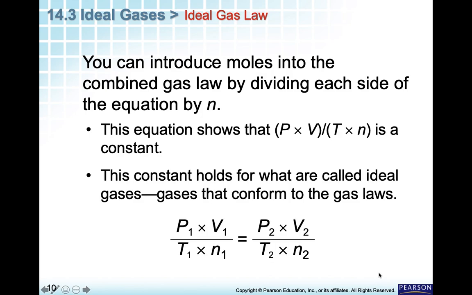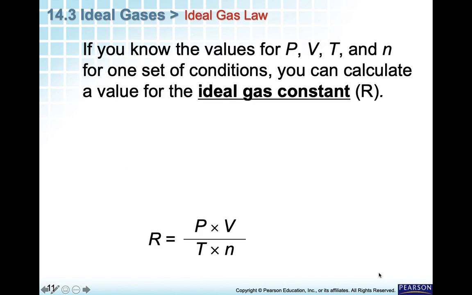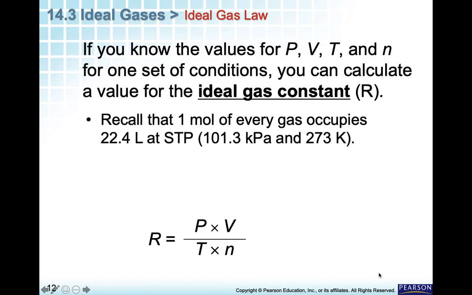That constant ends up being the ideal gas equation constant. We get this equation by dividing both sides by N. And then we can just say that the ideal gas constant R is equal to P times V over T times N.